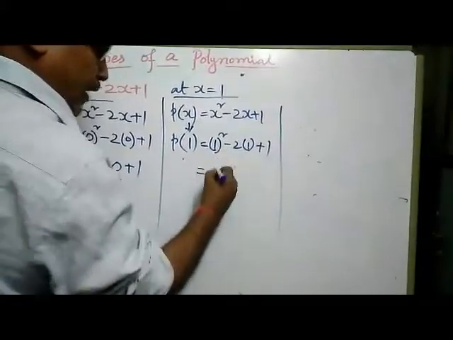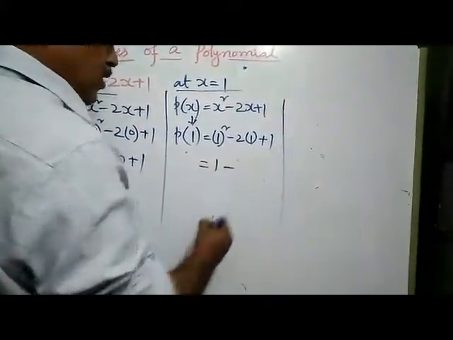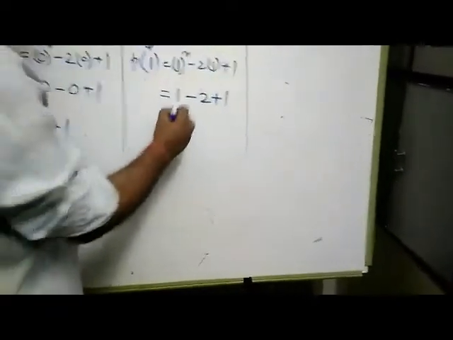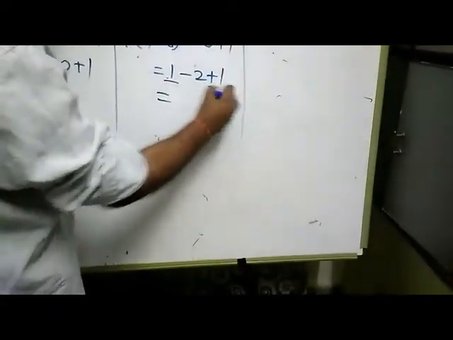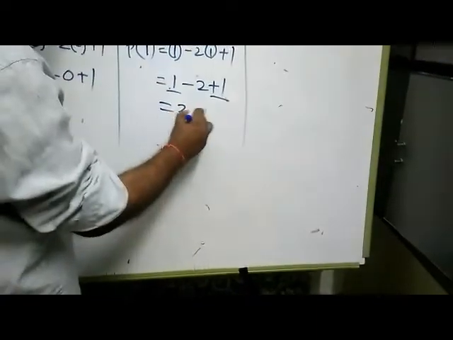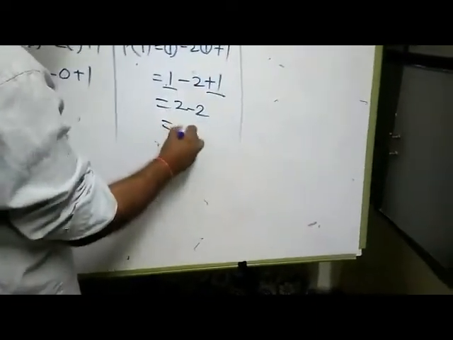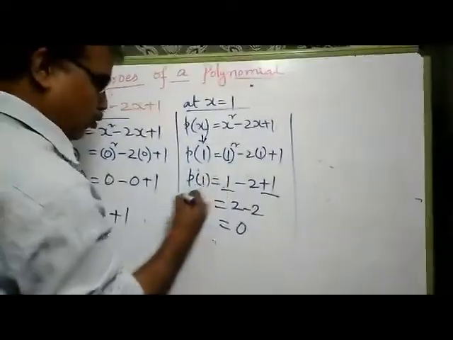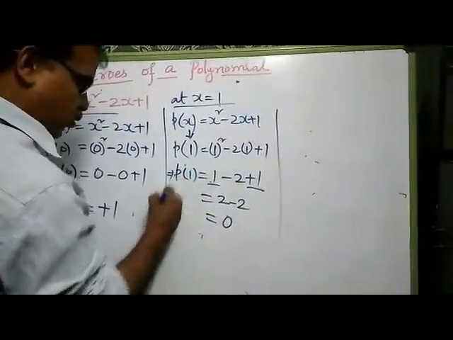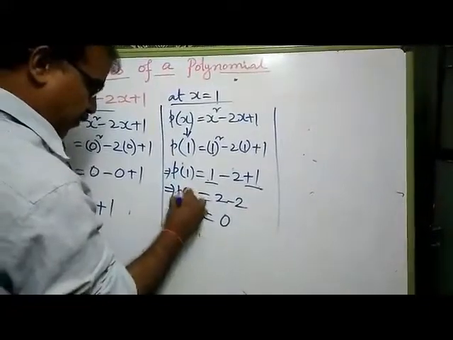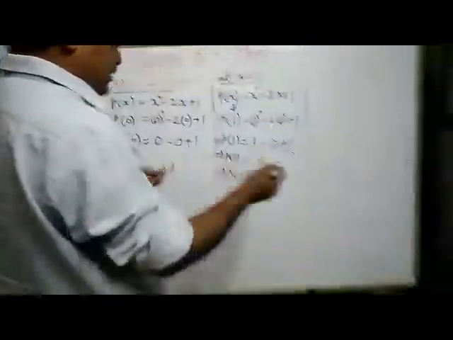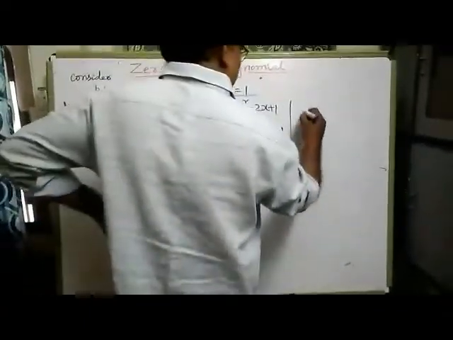That is equal to 1 square, value 1, minus 2 ones are 2, plus 1. Here this is plus 1. Plus 1 plus 1 is equal to 2. 2 minus 2 is equal to 0. P of 1 is equal to 0. Let us check one more value also.